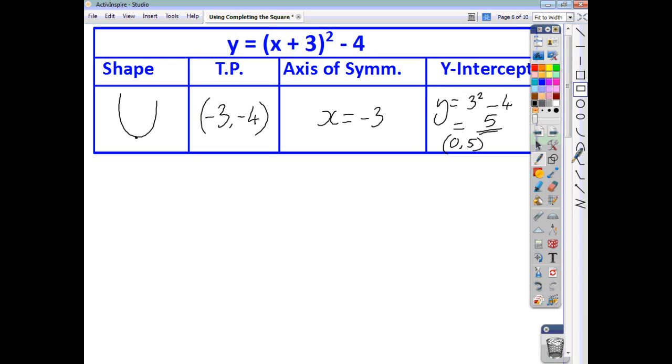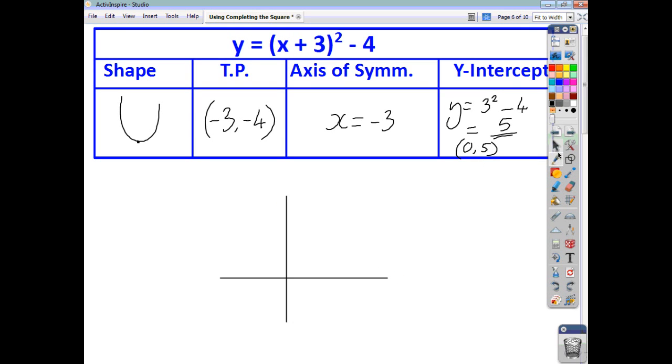If you want to do a sketch, all you have to do is draw your x-axis, your y-axis, and draw your key points. We've got a turning point at negative 3, negative 4, so we'll say that's there. Our y-intercept is 0, 5, so we'll say that is there.